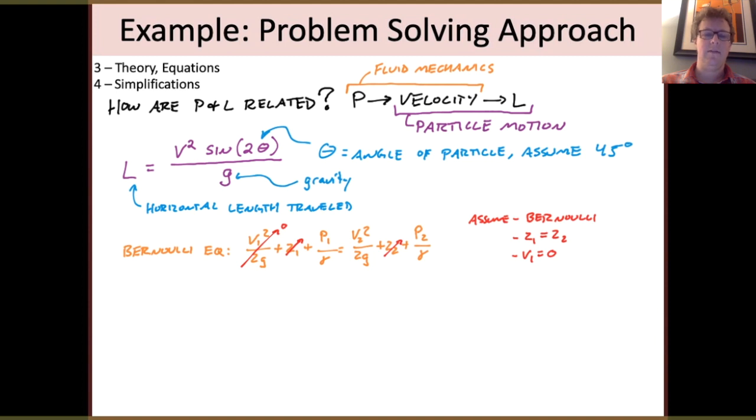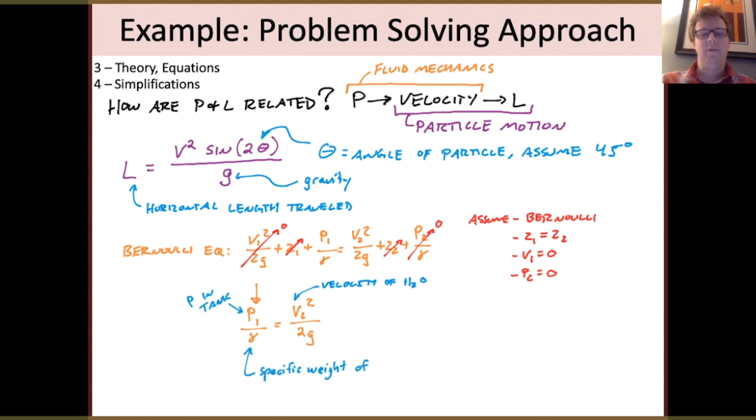So I'm putting the tank on the left-hand side and the flowing water on the right-hand side here. That there is no pressurization once the water leaves the squirt gun. It's just in the atmosphere under ambient pressure. And so what we can do is simplify our Bernoulli equation down to say, look, the pressure in the tank, that P1, divided by the specific weight of water, and that comes from the Bernoulli equation, the way it's formulated, and that's a constant we can look up.